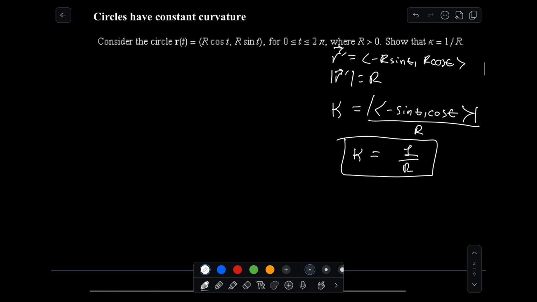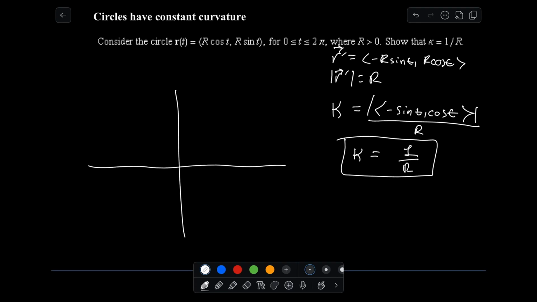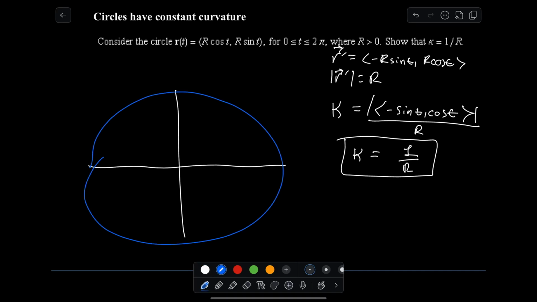And if you think about this for a circle, right? If we draw a circle out, the larger your circle is, in fact, the less curvature it's going to have. For example, if I have it small like this, it gives me a smaller change of the arc length to a bigger change in your unit tangent vector, right?